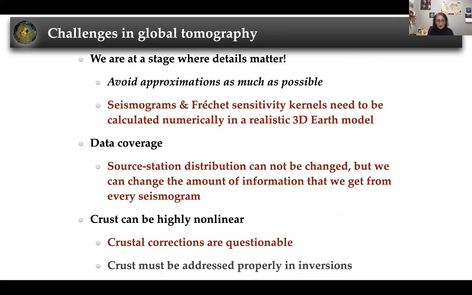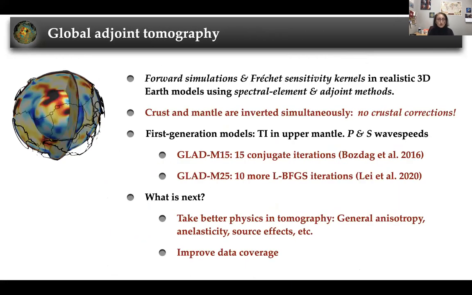So that's why the crust must be addressed properly in inversions, and that has been the motivation for us to perform these large-scale simulations. What we call global adjoint tomography is a full waveform inversion technique, where we run forward simulations and compute sensitivity kernels in realistic 3D Earth models using a spectral element method and using the adjoint method for the inversion part.